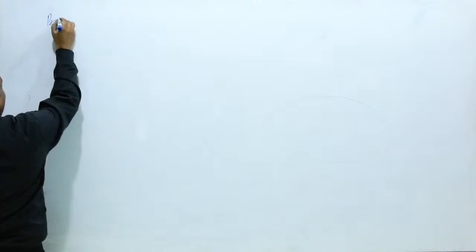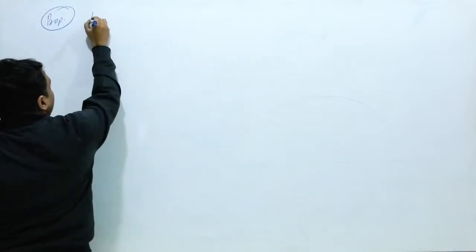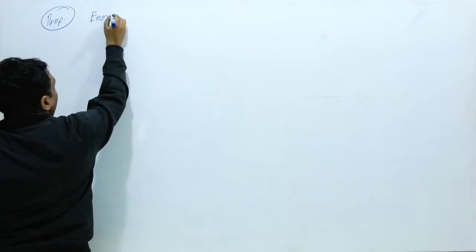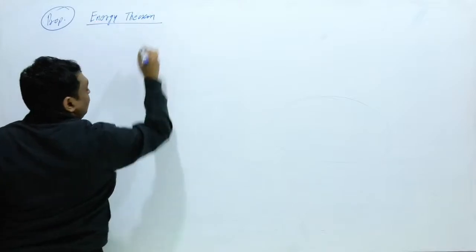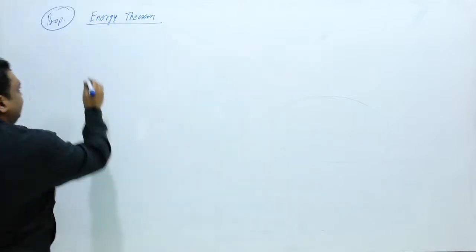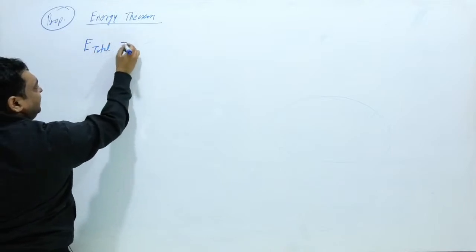One last property. This is nothing but Parseval's energy theorem. Parseval is a scientist's name. This is the energy theorem. In previous classes I already told you what the total energy of any signal is.